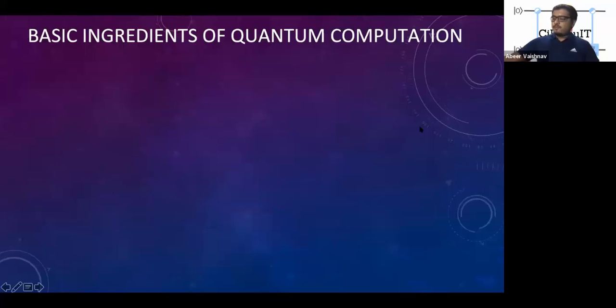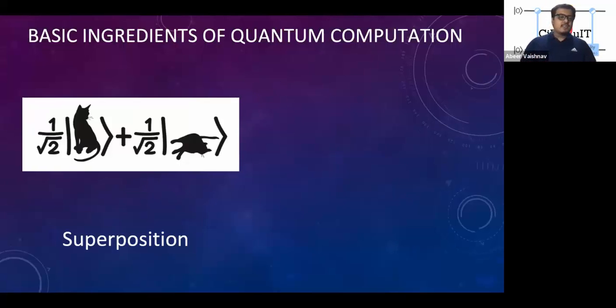Just before we move on to the actual algorithm, a brief overview of why these quantum systems are different from our classical computers. The first thing is the phenomenon of superposition. Superposition was presented in a thought experiment by Erwin Schrödinger.